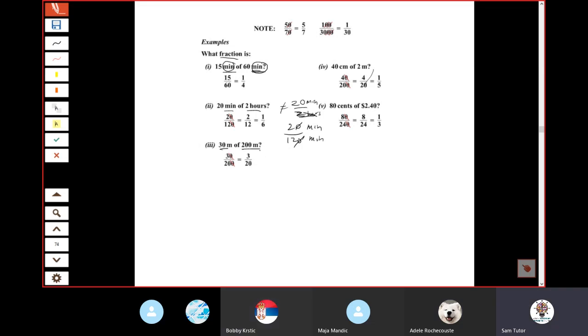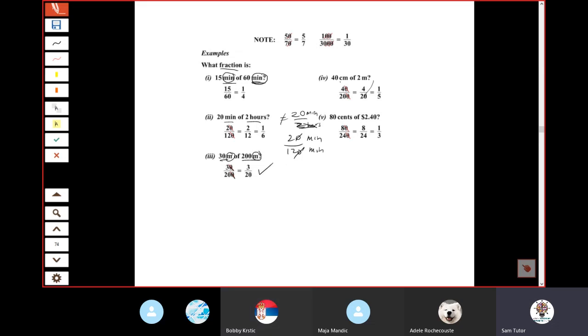All right. 30 meters of 200 meters, beautiful. They're both meters, so nice and easy. 30 over 200, cross out the zeros, they become 3 over 20. 40 centimeters of 2 meters. Am I allowed to just go 40 divided by 2? No. What do I have to do? I've got to change the meters to centimeters.